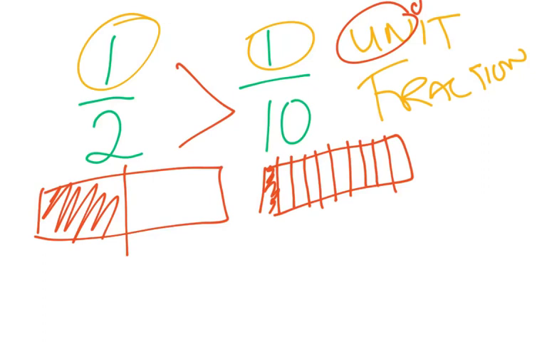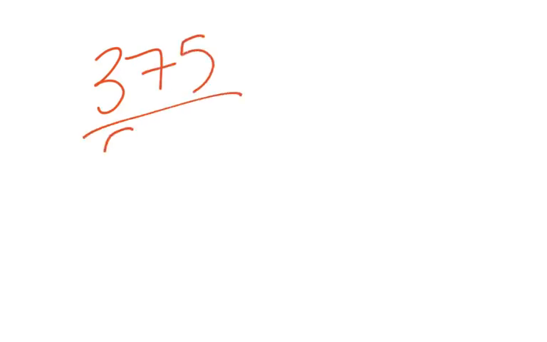Because if, for example, I took 375 500ths, and I was like, yeah, everybody, I have 375 500ths of a dollar, it's going to take me more than a minute to figure out, how much money does Ms. Douglas have?